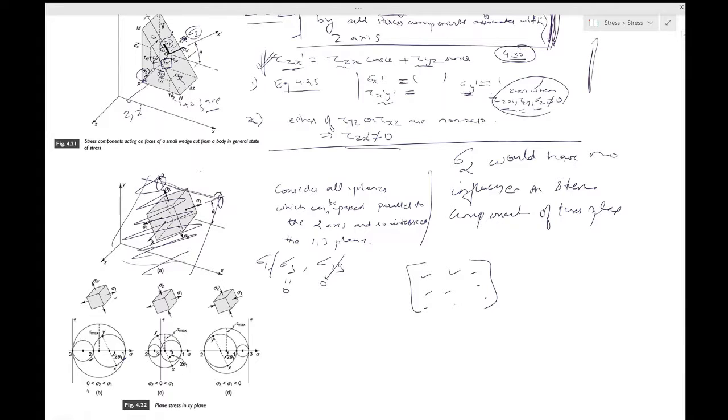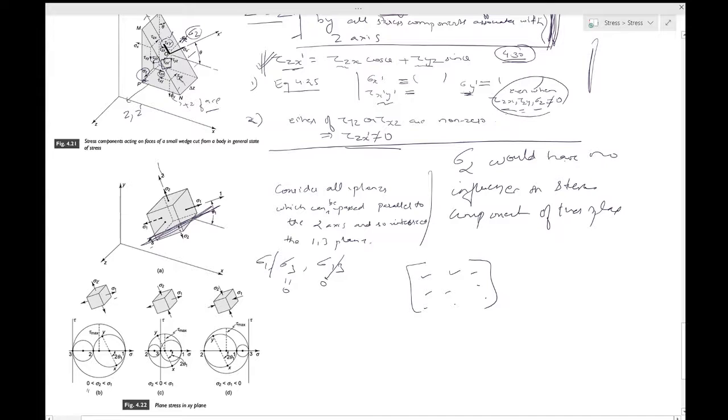In this case clearly the plane is parallel to the 3 axis. Then you have taken another case in which a plane is parallel to the 2 axis, and hence that would intersect this 1-3 plane. So you would have 1 3 over here. Clearly 3 is 0 because it's a plane stress situation.